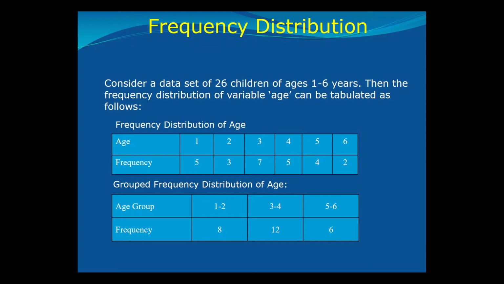We can group according to the age, and the table below shows the grouped frequency distribution of age. We have age group in the first line and frequency distribution in the second line.